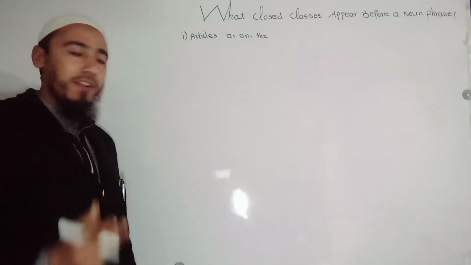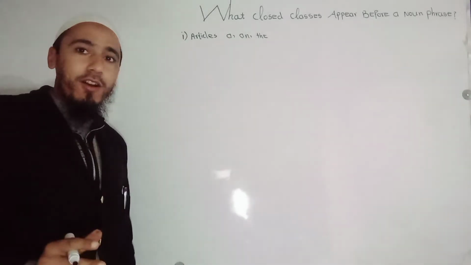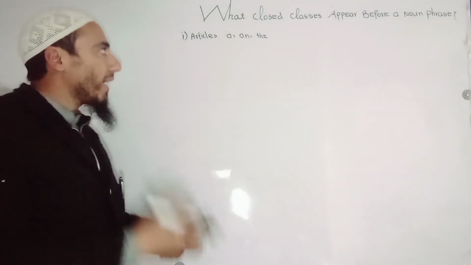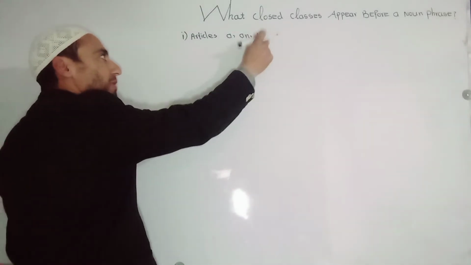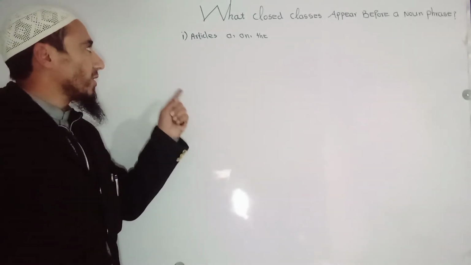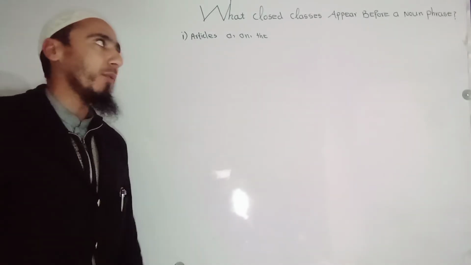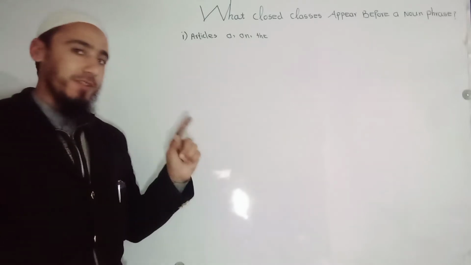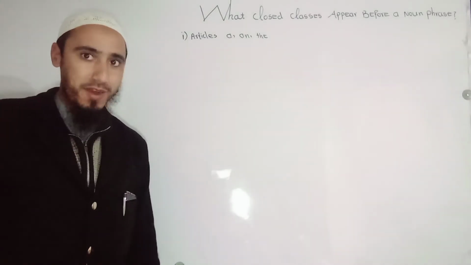The is called definite article, and a and an are called indefinite articles. Why indefinite? Because these both are mostly used, but the use of the is limited. Now, the question is what closed clauses appear before a noun phrase? The answer is the first: article can appear before noun phrase.